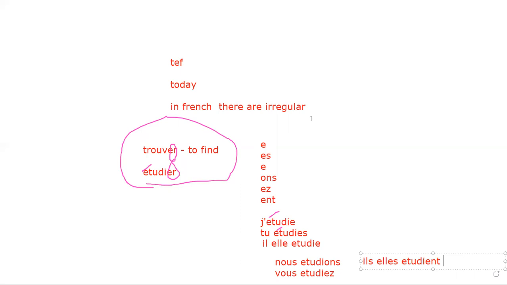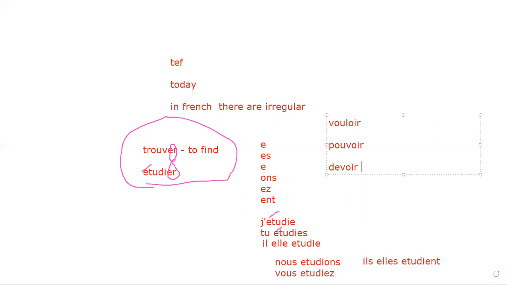Yes, sir. Now team, there are some verbs, for example vouloir, very important. Pouvoir and devoir. These are the modal verbs, the helping verbs.